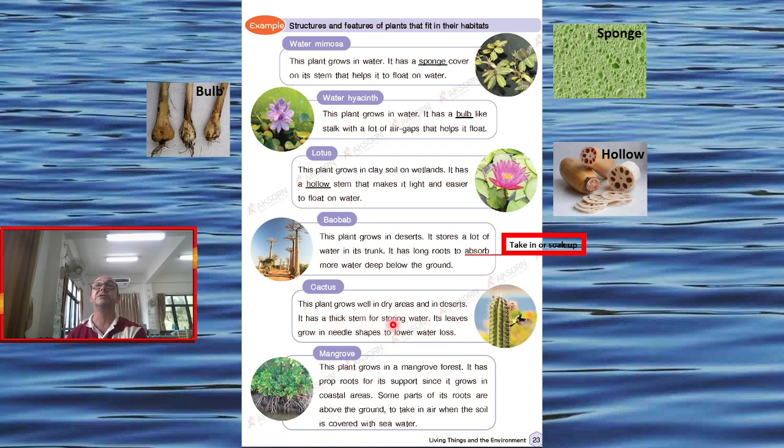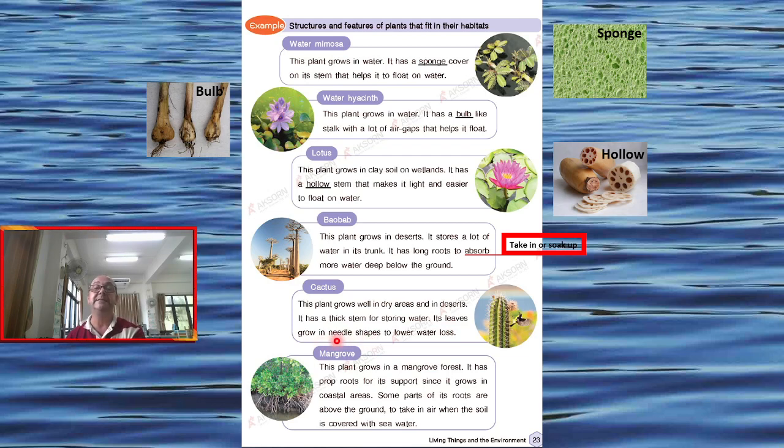So it has lots of water here in the stem, but don't drink it because it's not very nice. It's poison. So don't drink it, or most of them. Its leaves grow in needle shapes.